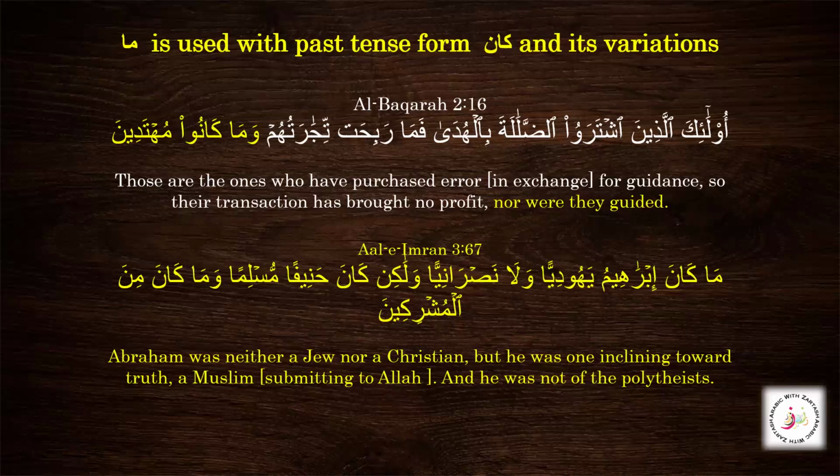It is nafi, and then we have our isim kana inside it, that is huwa, and min al mushrikeen will be jar majroor, and it is mutalliq bil khabar, and that khabar is taken as mahzoof, because when we do not have a khabar and instead we have a mutalliq or the jar majroor fragment, we take it as mahzoof or hidden khabar. So khabar of kana is hidden here and min al mushrikin is mutalliq bil khabar.